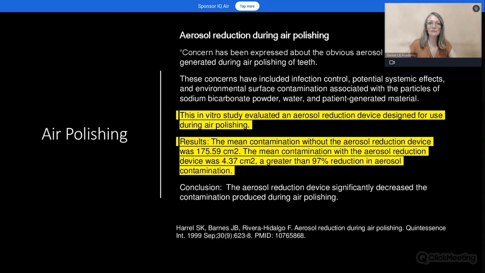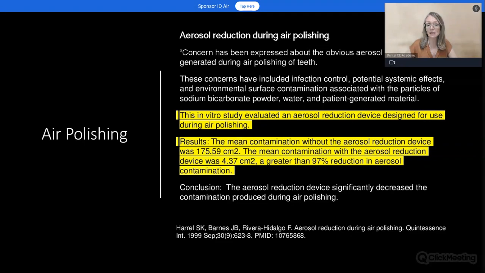So this was an in vitro study that evaluated an aerosol reduction device designed for use during air polishing. And the results here, the mean contamination without using an aerosol reduction device was 175.59 centimeters squared per centimeter squared.